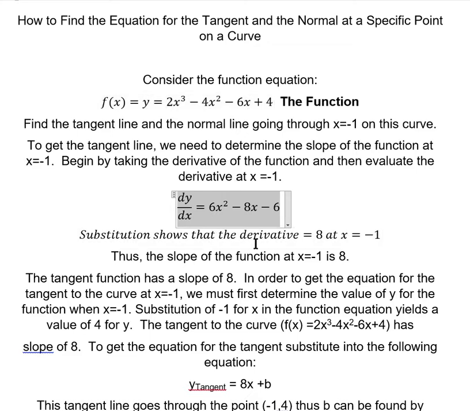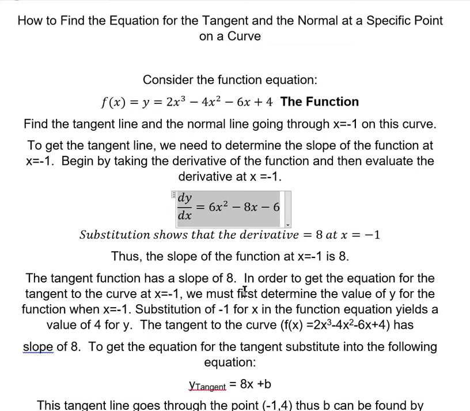And if you substitute minus 1 into this equation, you get 8. So the slope of this function here at x equals minus 1 is 8. All right? So it's a positive derivative, positive slope. So the tangent has a slope of 8.